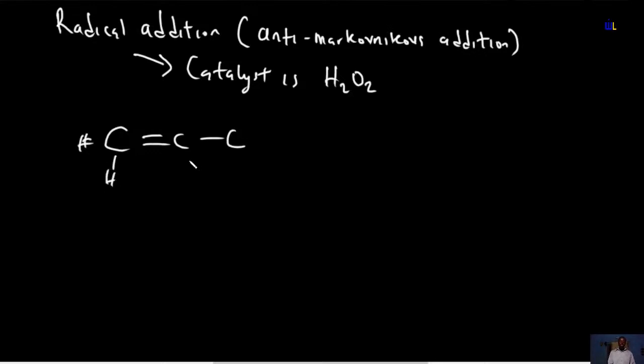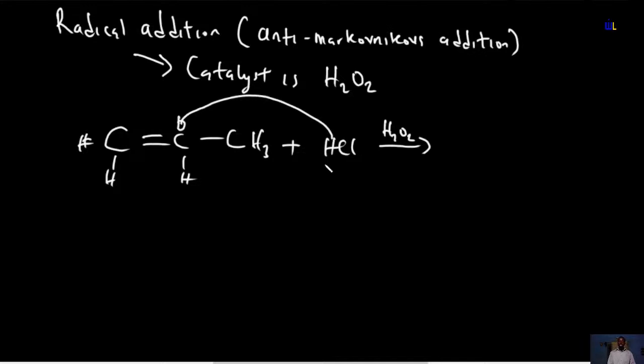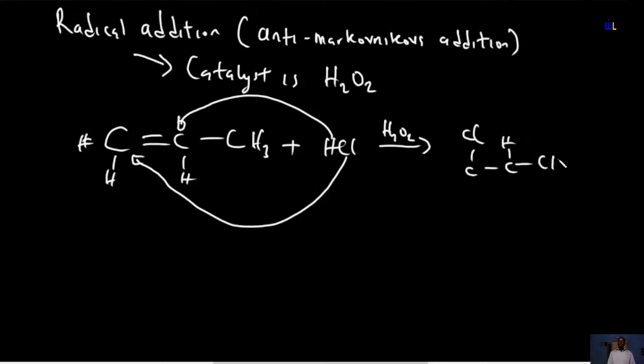with hydrogens, and we have HCl, and you notice that the catalyst is H2O2, it means that you are not going to use Markovnikov's rule. You will do the opposite, which means H will go to where hydrogen is less, and chlorine will go to where hydrogen is more. What you are going to have at this point is Cl on the first carbon, hydrogen on the second carbon.